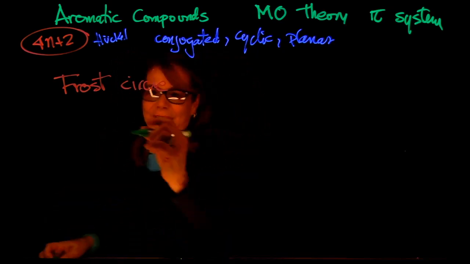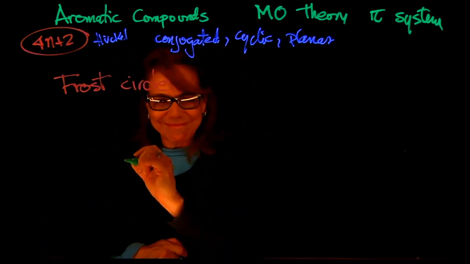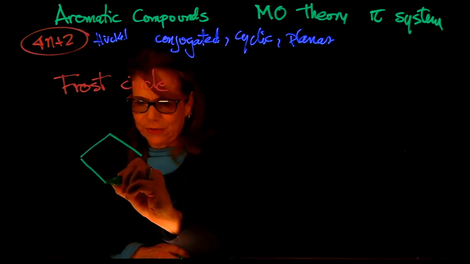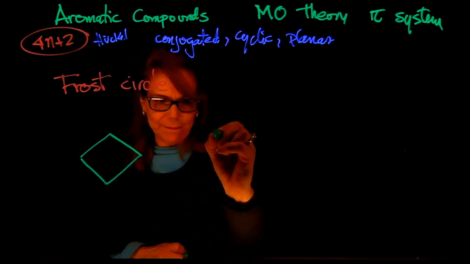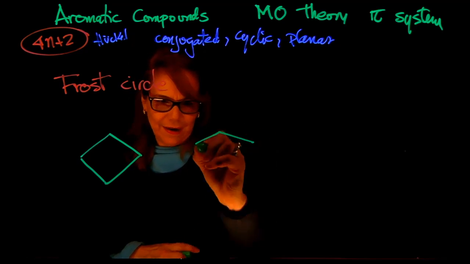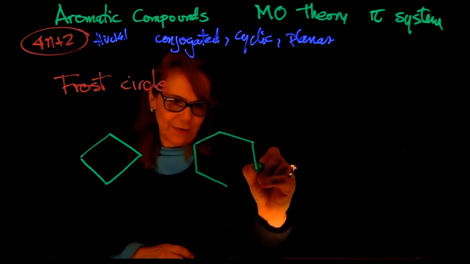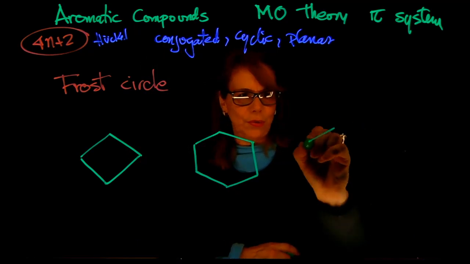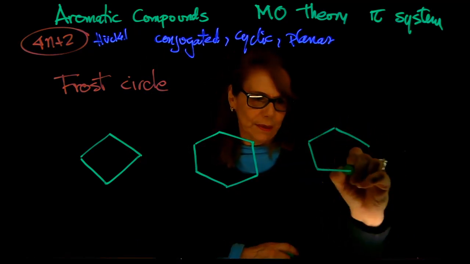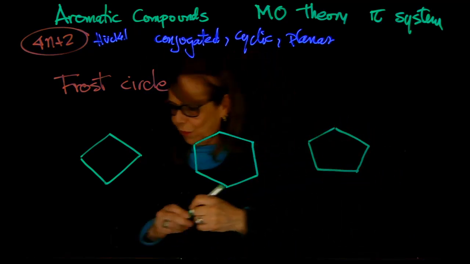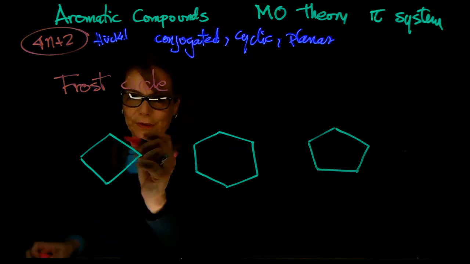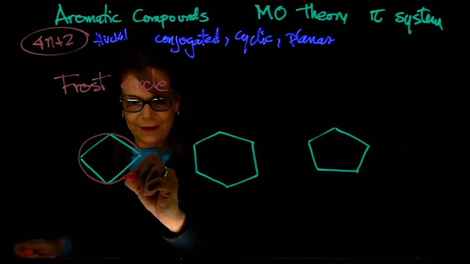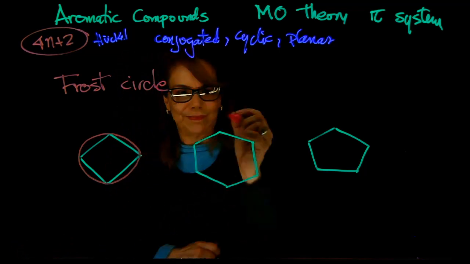I'm going to cheat a little bit here, because I'm going to draw a structure of several polygons. Now, this is a pentagon, right? And what we do in the Frost circle is put a polygon inside a circle.